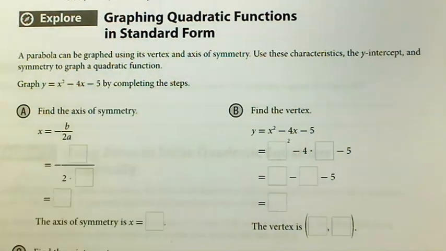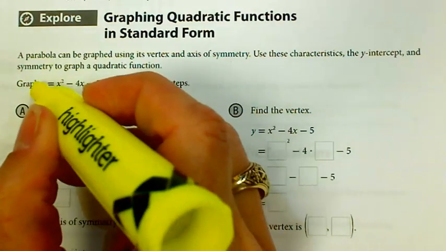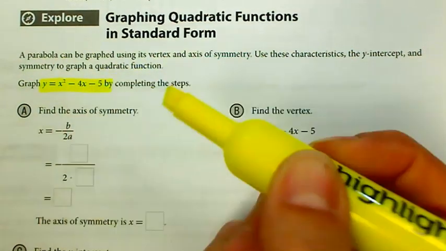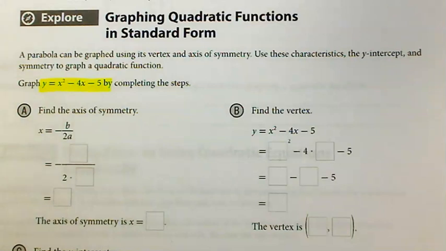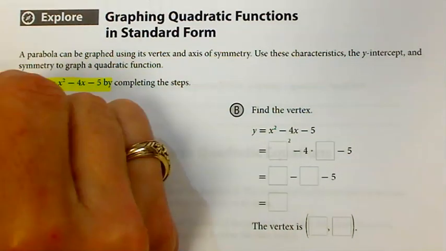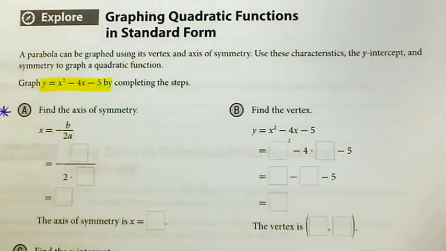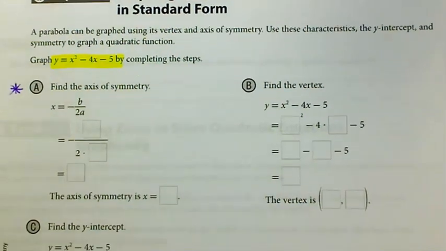This is asking you to practice graphing quadratic functions in standard form. They're asking you to please graph this quadratic function. It is written in standard form, meaning ax squared plus bx plus c, although some of them are negative, that's fine. The first thing you should probably do is find the axis of symmetry and find the vertex.